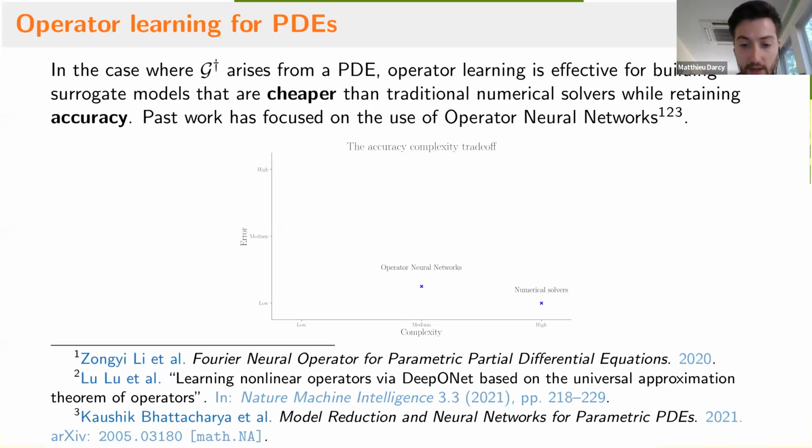In some cases, they can reach 1% error. Most of the past work has focused on the use of operator neural networks. There are many operator neural networks. Some of the most notable are the Fourier neural operator, or FNO, and DeepONet, the deep operator network. There are many to choose from, and I'll be comparing our method against some of these methods.